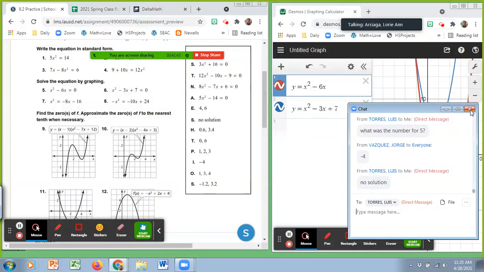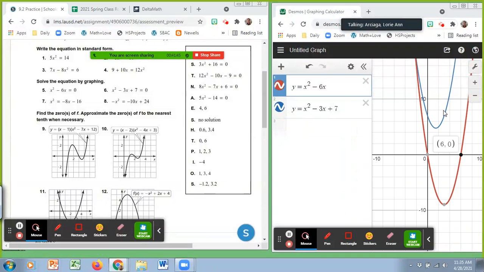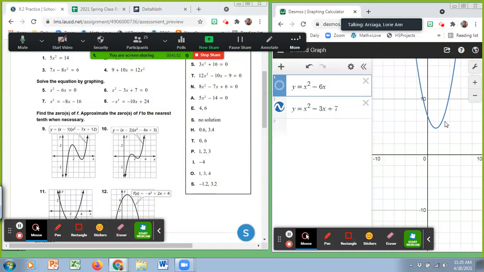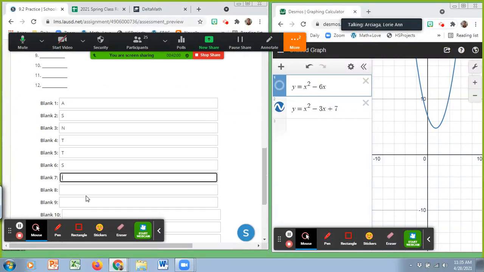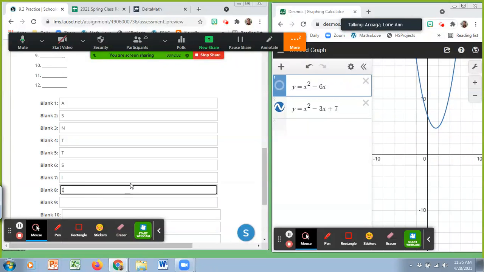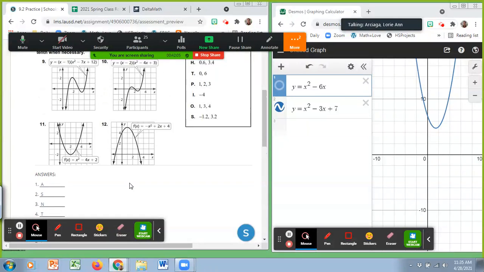No solution? Let's try again. It only becomes a no solution if it doesn't hit your x-axis. You see this? It's like above the x-axis. 4 and 6 according to George. So that's letter E. Very good, Christian and George.